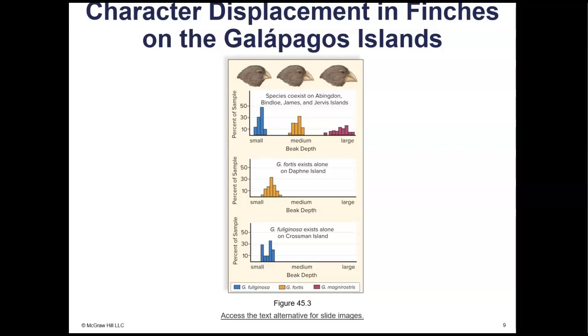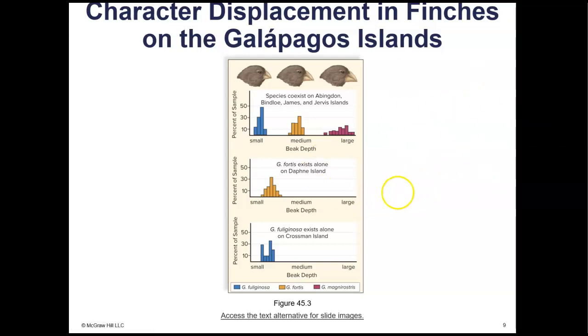Now, we also have these finches that live on the Galapagos Islands. You know about their beaks probably from natural selection, because we use that as evidence of natural selection: we see finches whose beaks are different based on their food source. But this data is not really related so much to that. It's showing us a little bit of a different thing.